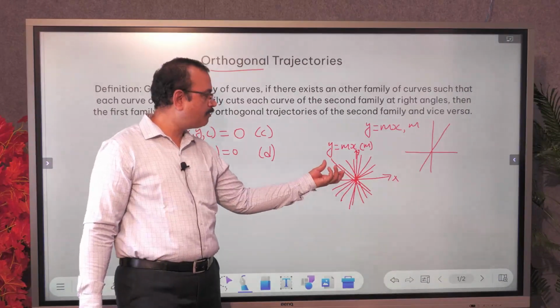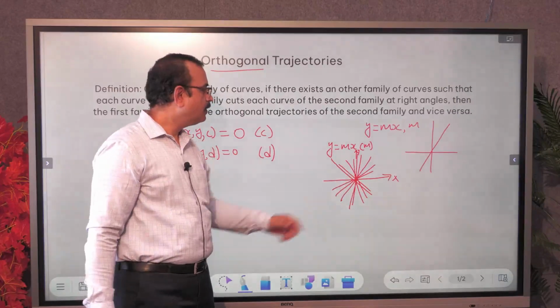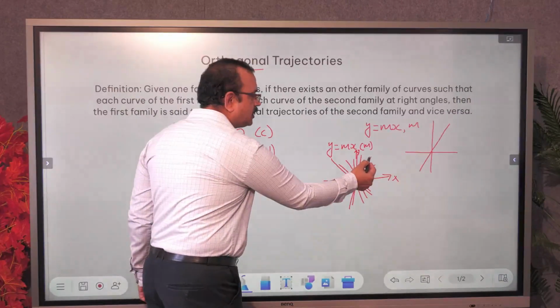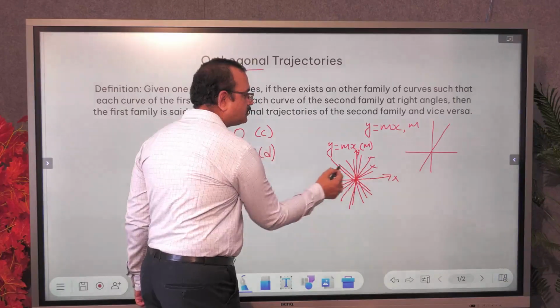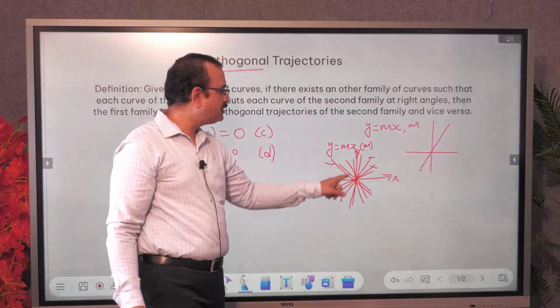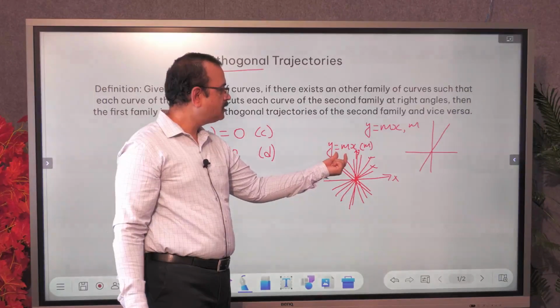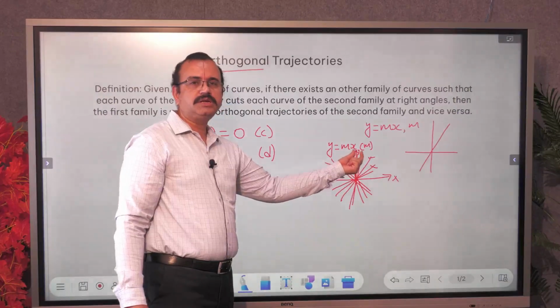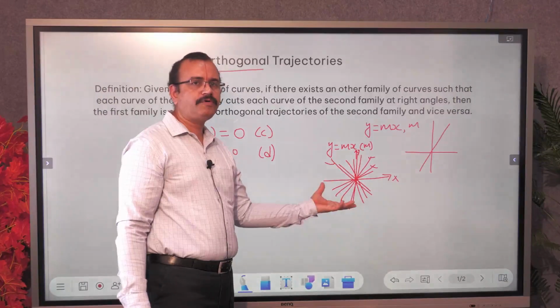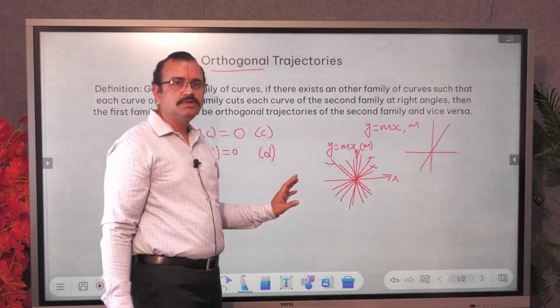What is the common property of these straight lines? All are passing through the origin. Here also m is constant for each line: for this straight line m is constant, for this one m is constant, and so on, but m is arbitrary overall. So y is equal to mx, where m is an arbitrary constant, represents a family of straight lines all passing through the origin.